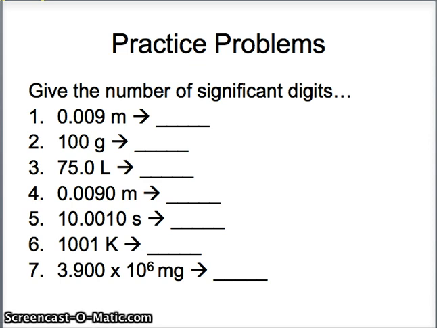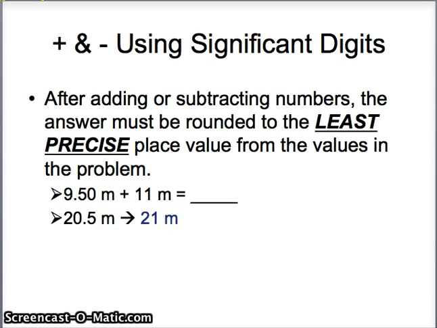You can pause it, so we'll move on. When you're adding and subtracting values using significant digits, the rule is that when you're adding or subtracting numbers, the answer must be rounded to the least precise place value from the parts of the problem. If you look at the example here, 9.50 meters plus 11 meters, you will notice that there are 2 parts to this problem.